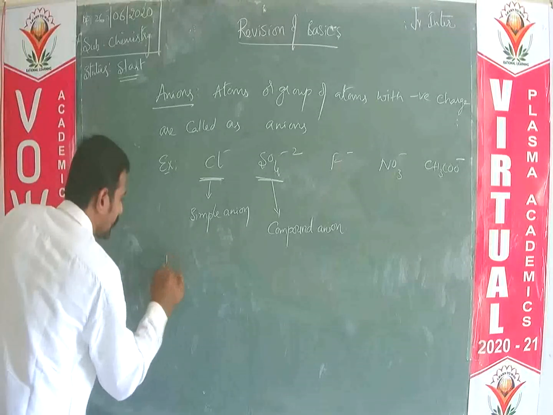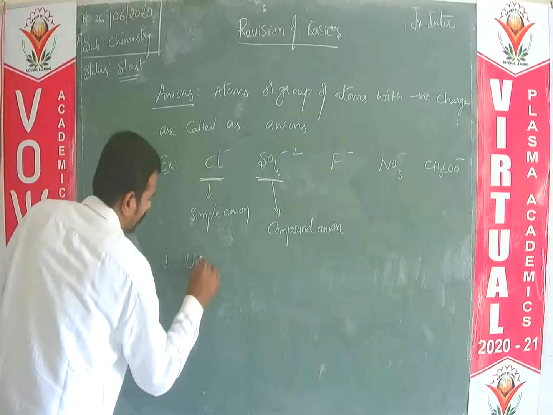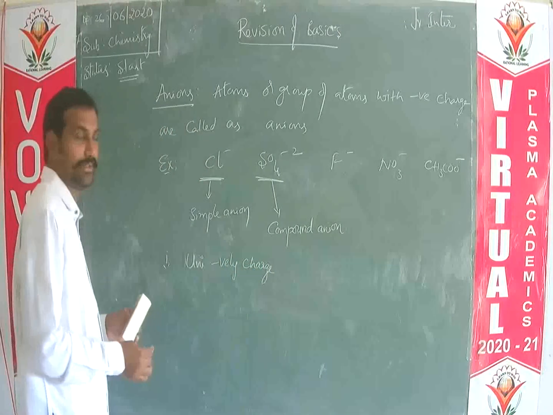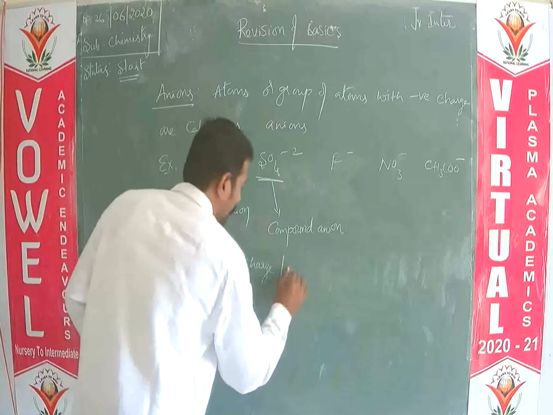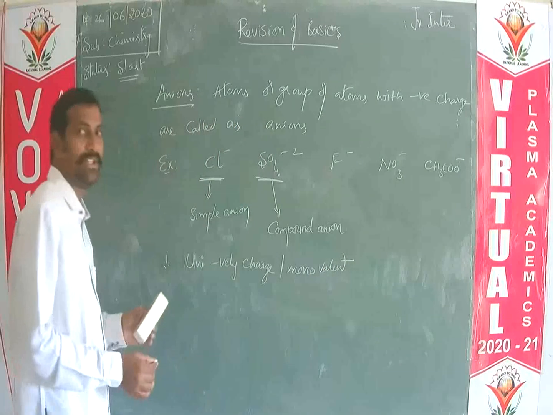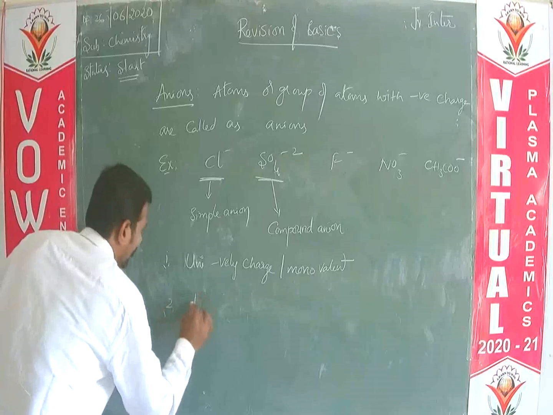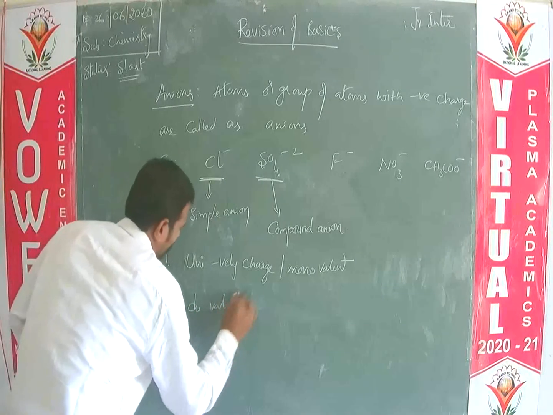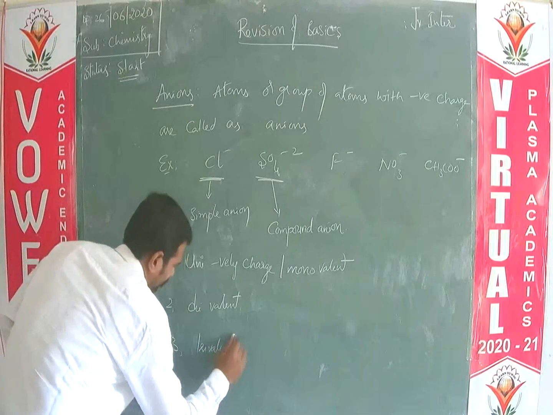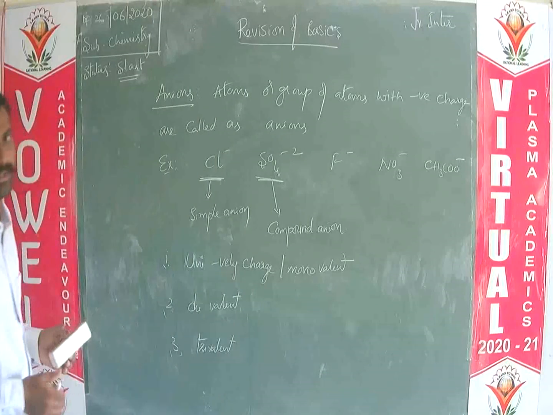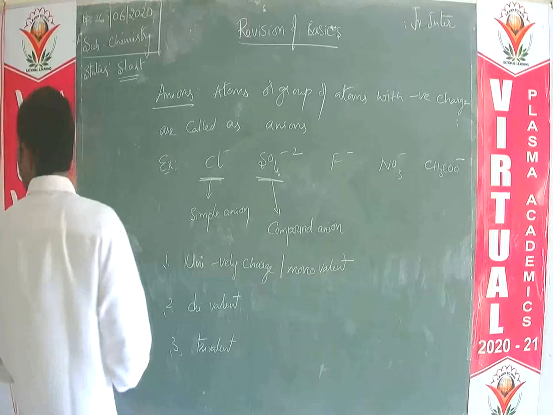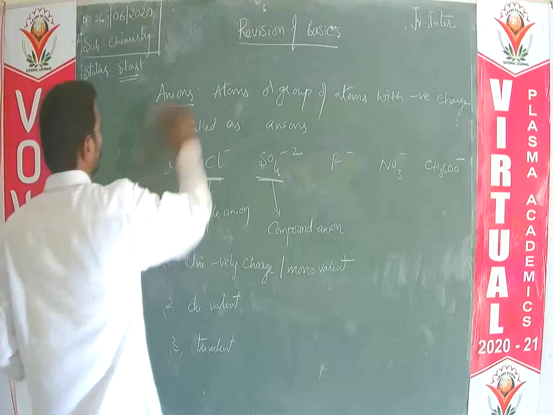One is univalent, also called monovalent, negatively charged ion. Second one, divalent negatively charged ion. Third one, trivalent negatively charged ion. Here I am writing some examples of uni, di and tri negatively charged ions. You write them.